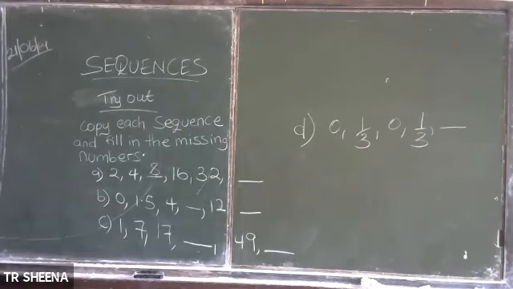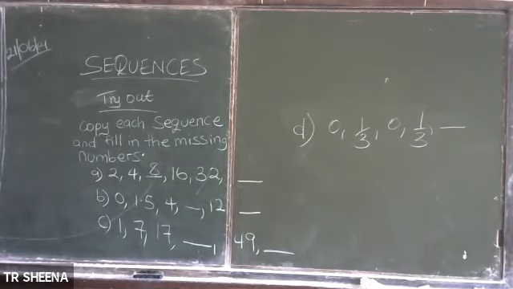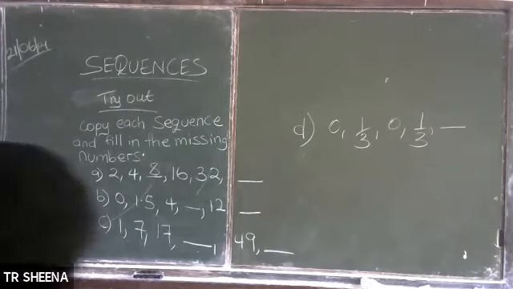Yes, Purity. For sequence 1, I was doubling the number before to get the next. So 2, then 4, then 8, then 16, then 32, then 64.